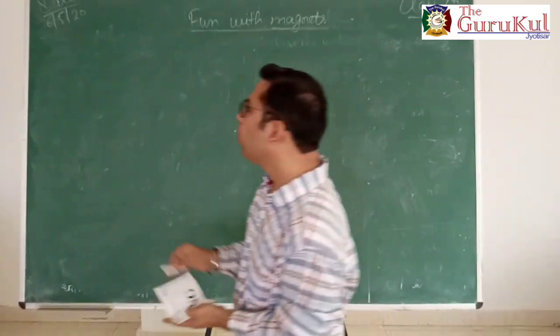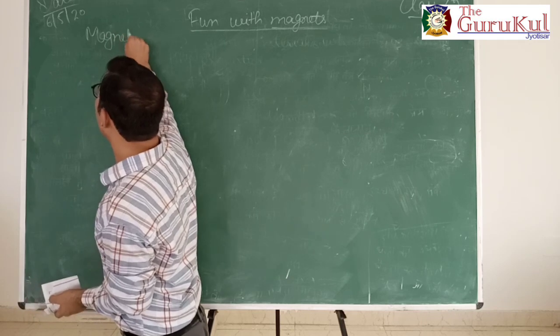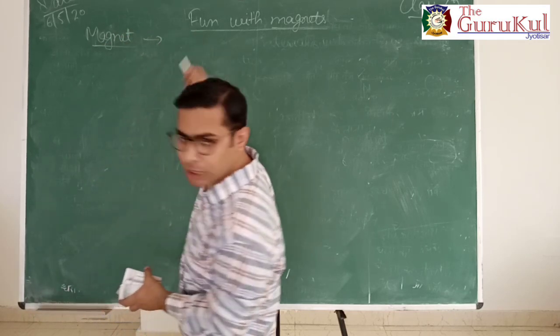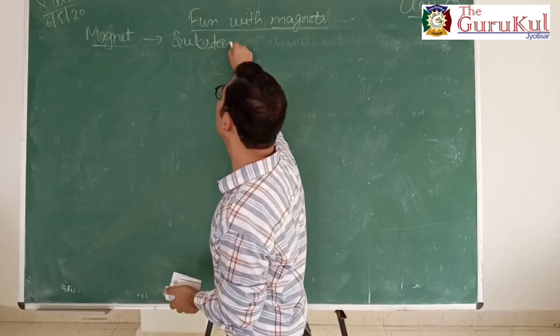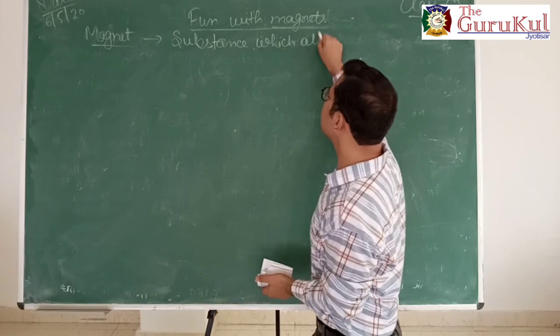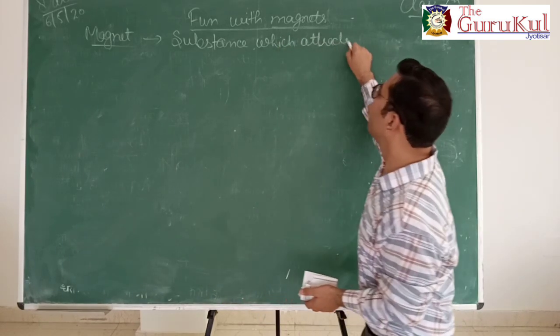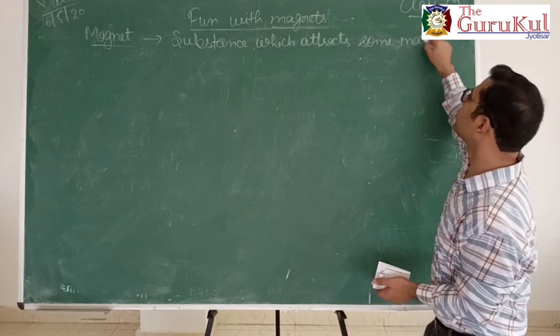Now we try to understand what a magnet is. A magnet is a substance or a material which attracts some materials.